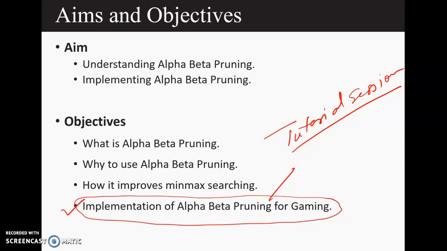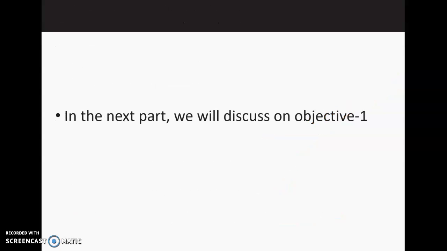In the next part of the video lecture, I will discuss objective 1. Thank you very much. I will explain objective 1 in the next part of my video lecture for week number 8.